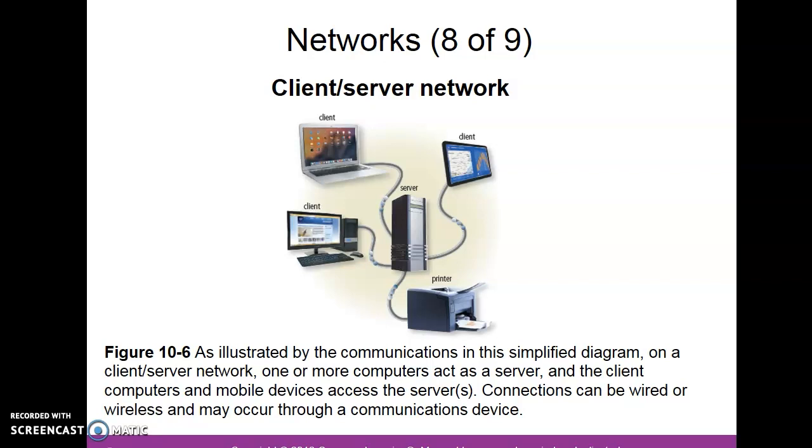A server controls access to the hardware, software, and other resources on the network and provides a centralized storage area for programs, data, and information. The clients are other computers and mobile devices on the network that rely on the server for its resources. As you can see in figure 10.6, this is the first network architecture, client-server.